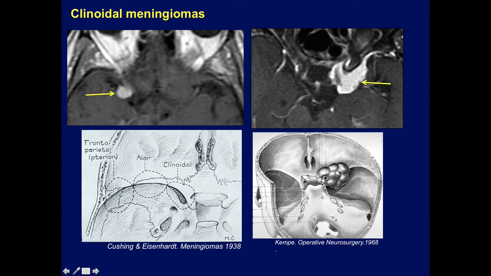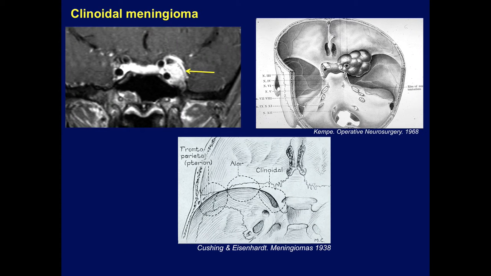These are clinoidal meningiomas involving the medial aspect of the sphenoid ridge. Another case of a clinoidal meningioma, again, notice involving, like in this picture here, we can see how it's encasing the carotid artery and the nerves. So this whole area, the medial part of this lesion, is really inoperable.